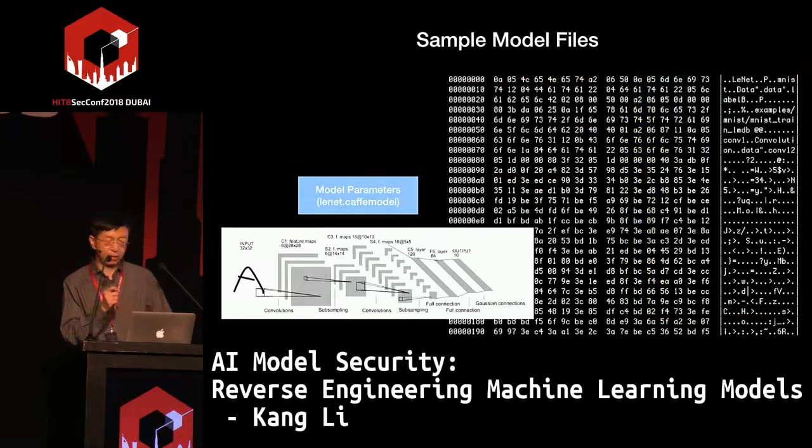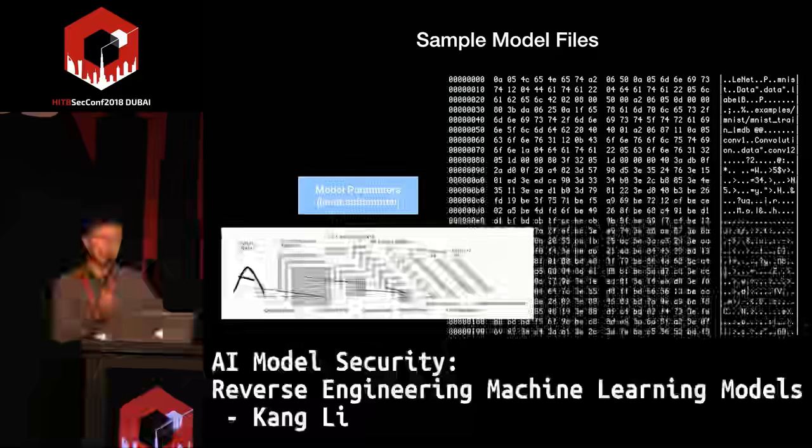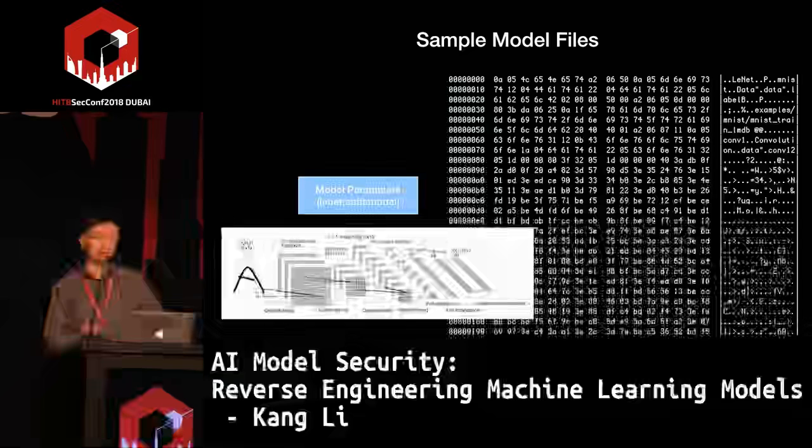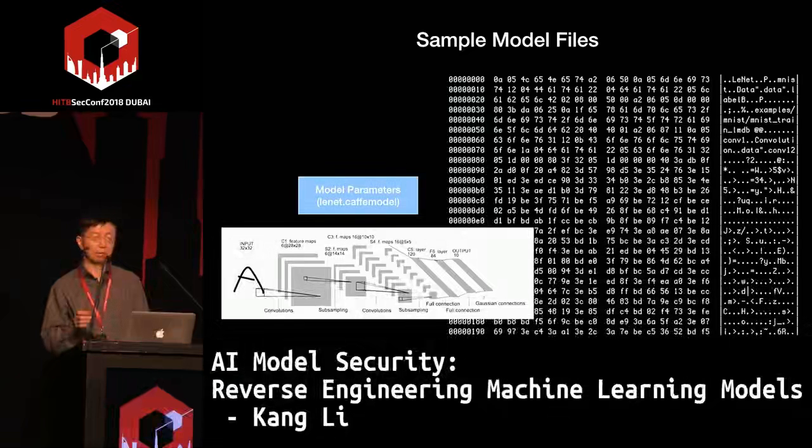This is the LeNet Caffe model file. I got this file again from the Berkeley site, and it contains the parameters in all the layers. Because this file is large, it's usually in binary format, but we can convert it to text.